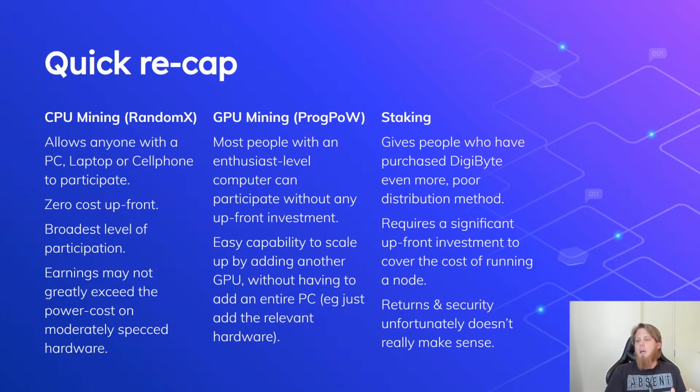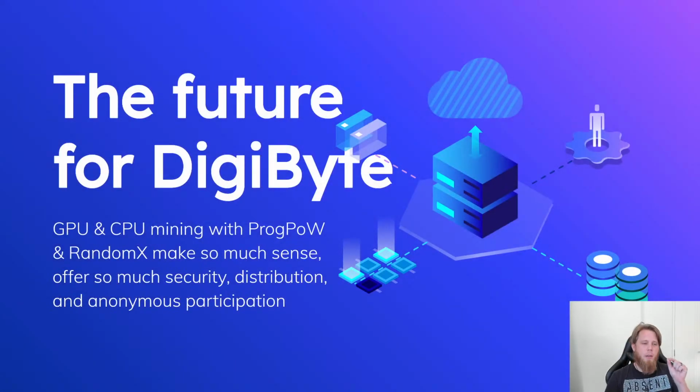Now, compare that to staking, which is basically the rich getting richer. It offers little to nothing over CPU or GPU mining, but it has a bunch of downsides for very, very little reward for almost everybody, unfortunately. So, as such, this is why I am so excited about CPU and GPU mining with RandomX and ProgPoW for DigiByte.